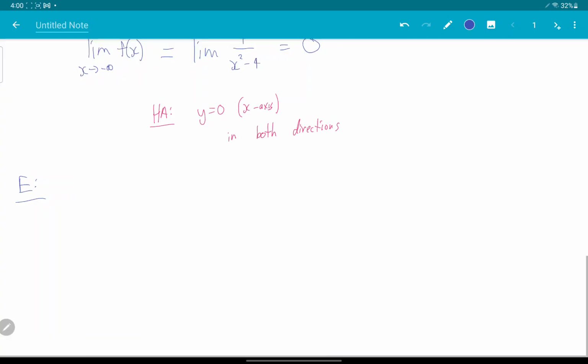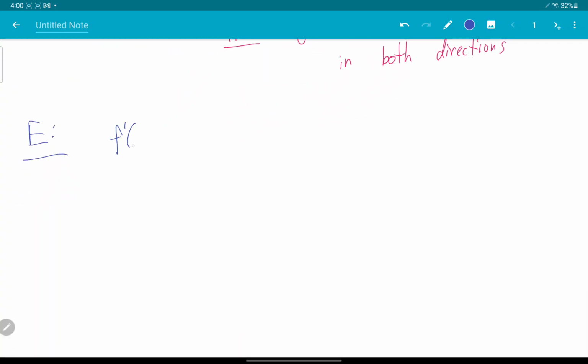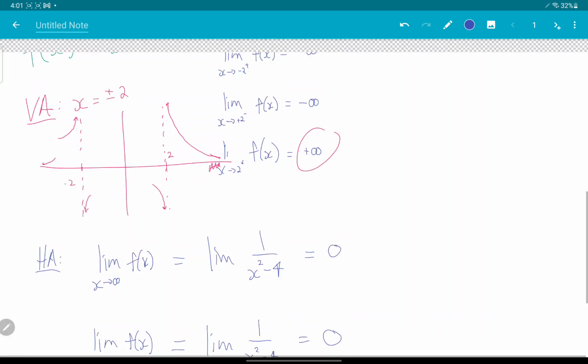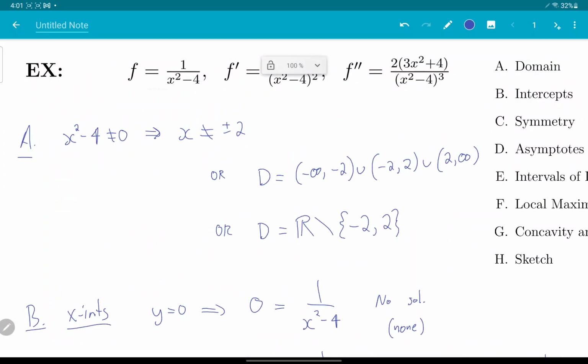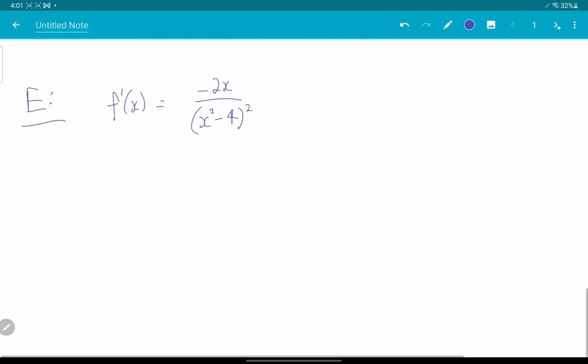Oh, I'm not. I'm sorry, my app is not helping me here. f prime of x is minus 2x over x squared minus 4, all squared. Double check that. Sorry, everybody. Okay, intervals of increase and decrease.